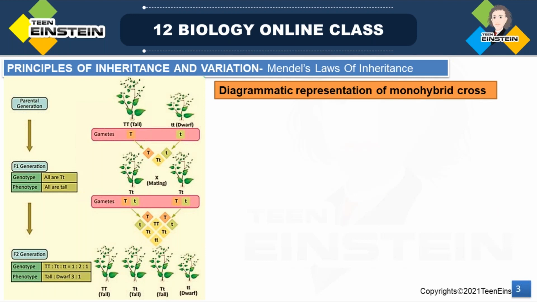Here again, Mendel studied 7 contrasting characters. And he selected one character at a time for his studies.